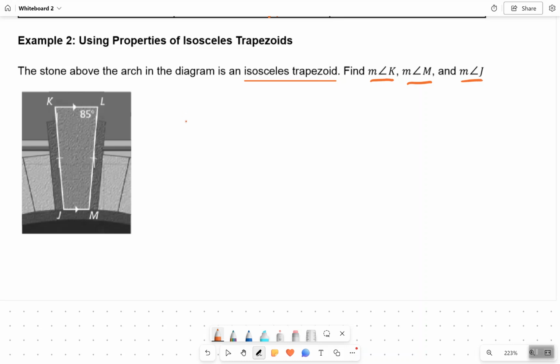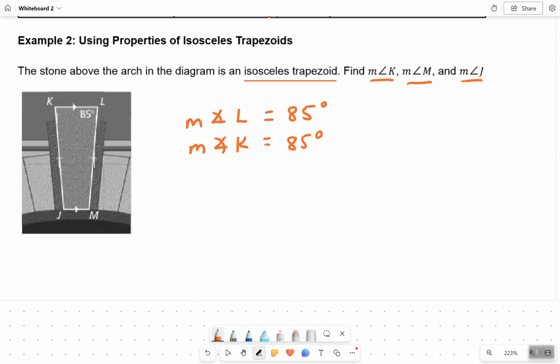Okay, first of all, we know angle L is what, kids? Angle L has to match what angle then if this is an isosceles trapezoid? Okay, base angles would have to be the same, right? So 85 would have to be here. So what's that make angle K, kids? Now, aren't there 360 degrees in a trapezoid?